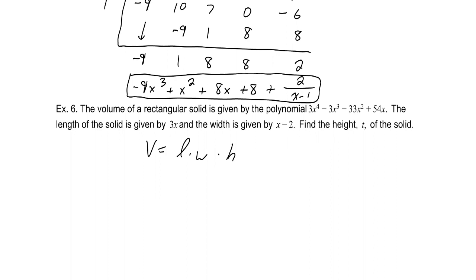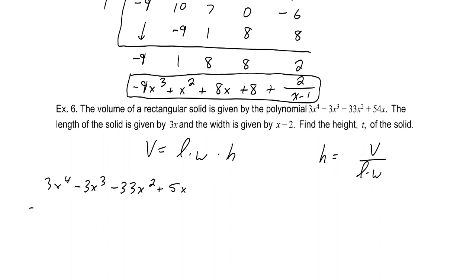So our height is volume divided by length times width. We're actually going to perform two divisions. We're going to start with our volume, 3x to the fourth minus 3x cubed minus 33x squared plus 54x. Now, if you recall our factoring, this actually has a greatest common factor.